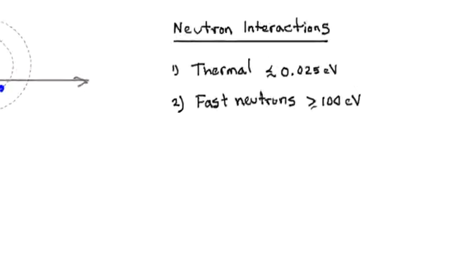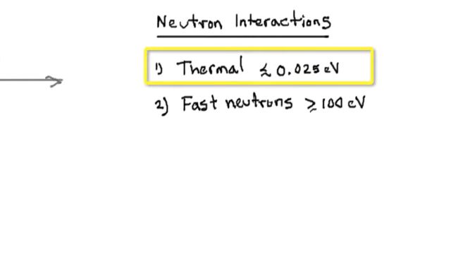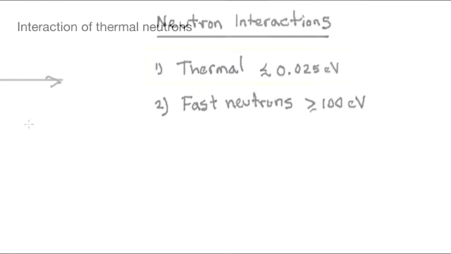Let's look first at thermal neutrons, the slower moving neutrons. Interaction of thermal neutrons. So here's a neutron, and it comes in, it's going to interact here. In this case, I'm going to draw it with a hydrogen atom, one proton, comes in, undergoes an interaction. It's moving slow. What happens in this case is it actually gets captured by the hydrogen atom, and it gives you deuterium.